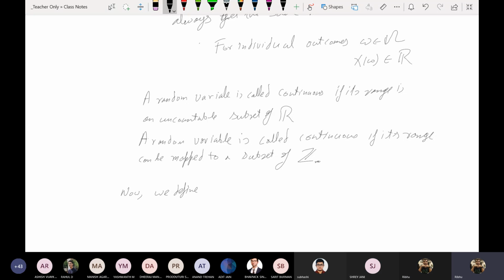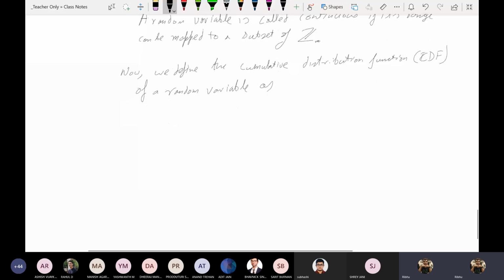Now we define the cumulative distribution function, CDF, of the random variable as F_X of x, equal to the probability that X is less than or equal to x.